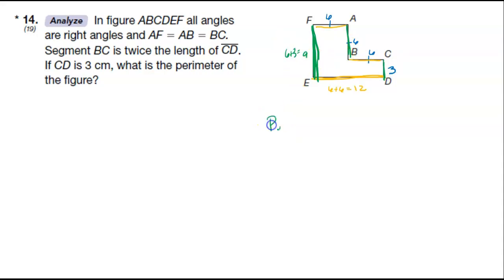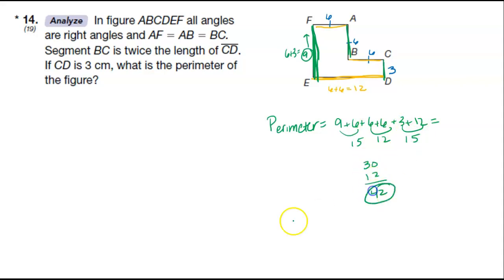So now if I do perimeter, and if I start at the 9 and I go that direction, I have 9 plus 6 plus 6 plus 6 plus 3 plus 12, which is 15, 12, 15, so 30 plus 12 is 42.